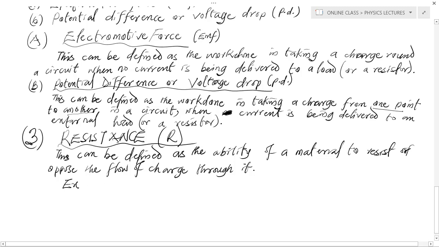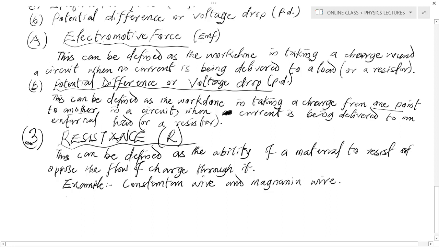Now here, examples of this material are conductance wire and magnetic wire.